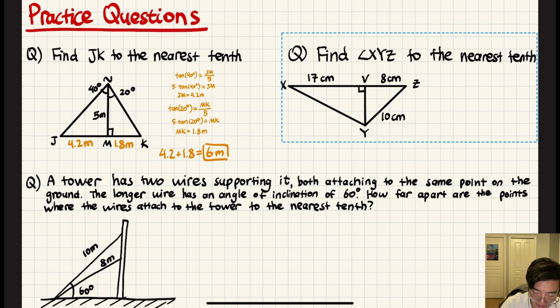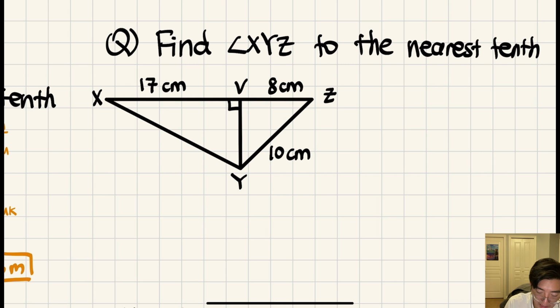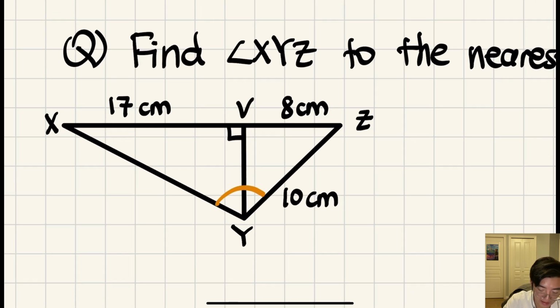Okay, so now next question. We want the angle XYZ. So we want this angle right here. We are given this side length, and we're given this side length. Because this is a line straight down the middle, we can conclude that this angle right here is also 90 degrees.